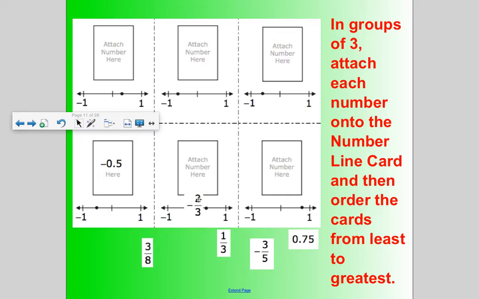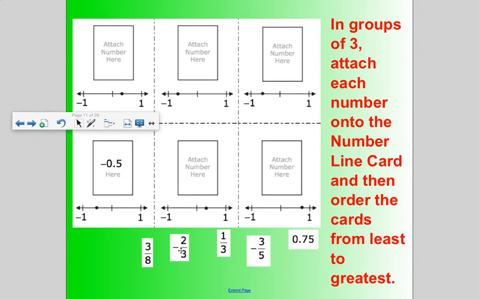Now negative 2/3 and negative 3/5. Which one would go where? All right, negative 2/3: if I did 2 divided by 3, it would be repeating. Do you know the decimal equivalent? I memorized it. If I divide 2 by 3, 2 goes inside the division bar and 3 goes outside.